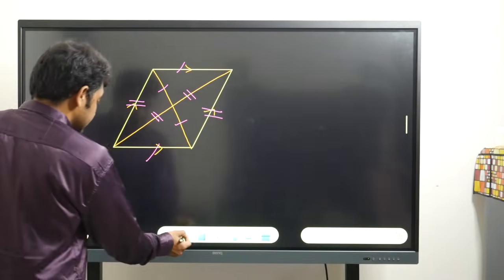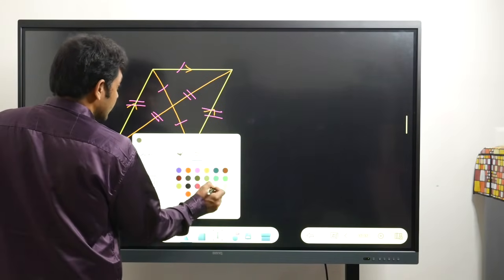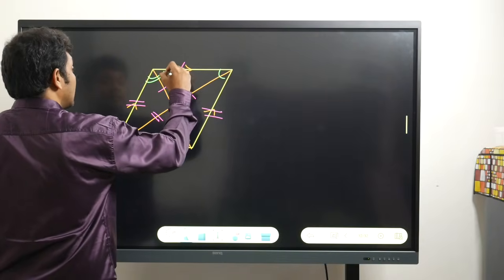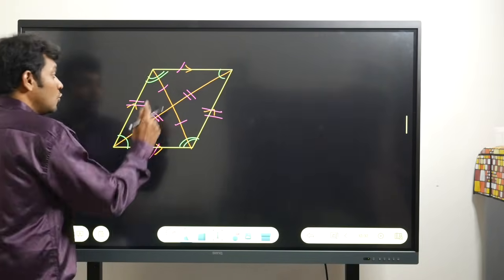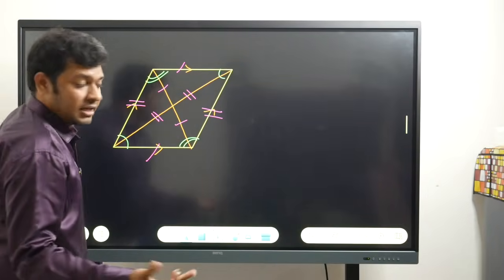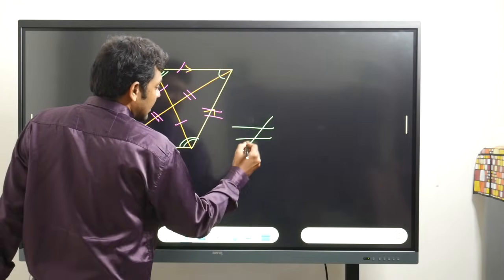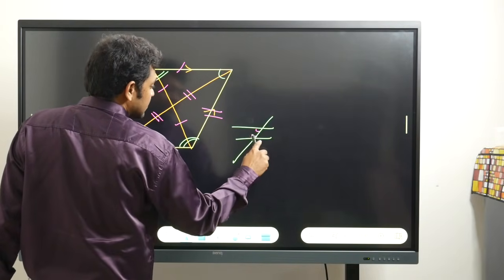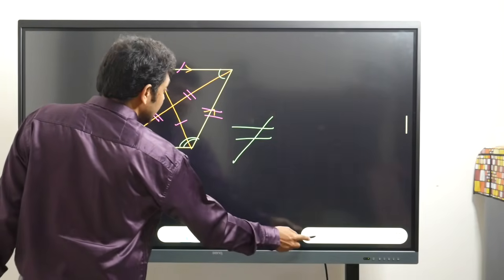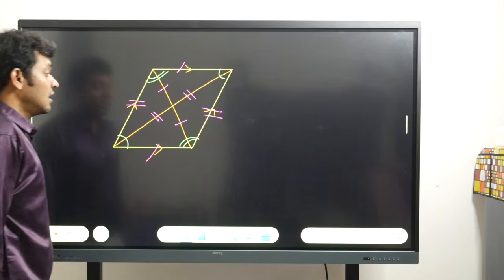Then my opposite angles are equal in a parallelogram. Opposite angles are equal, and adjacent angles are supplementary. Why? Because you have two parallel lines and a transversal, right? So we know these two angles are supplementary. That is why in a parallelogram adjacent angles are supplementary and opposite angles are equal.